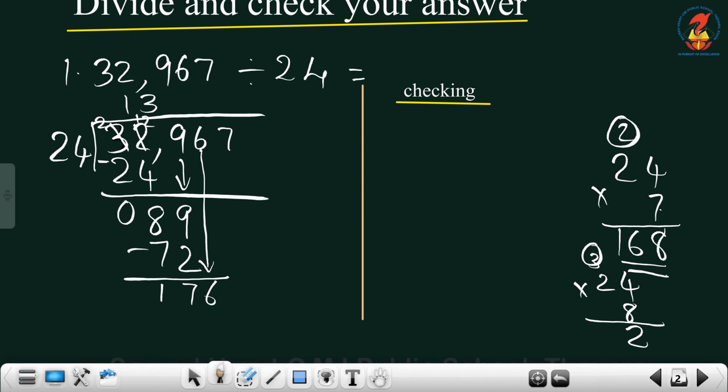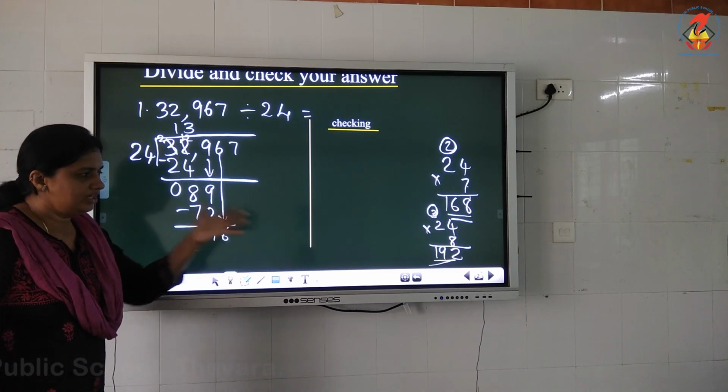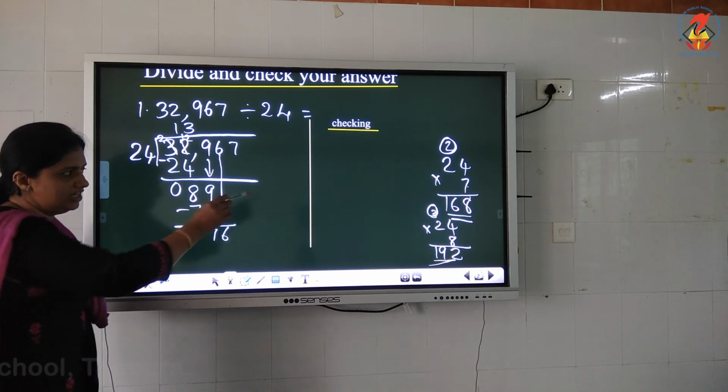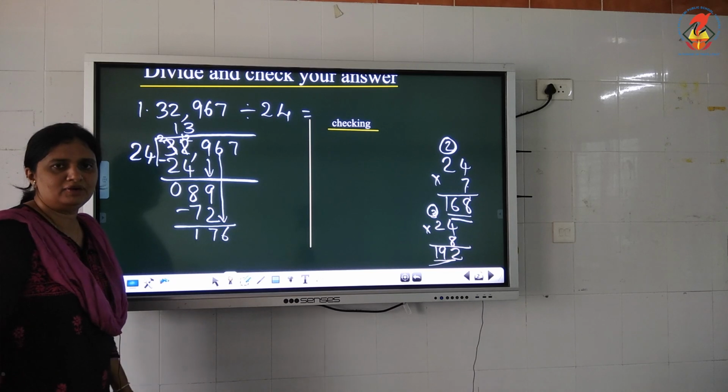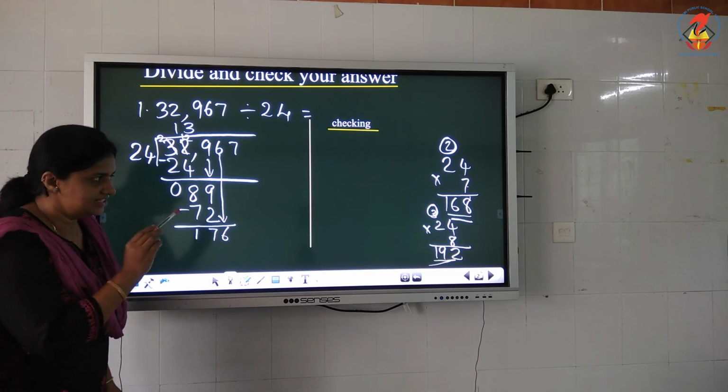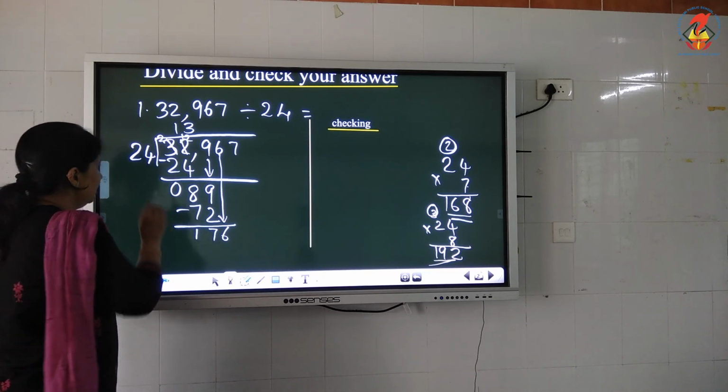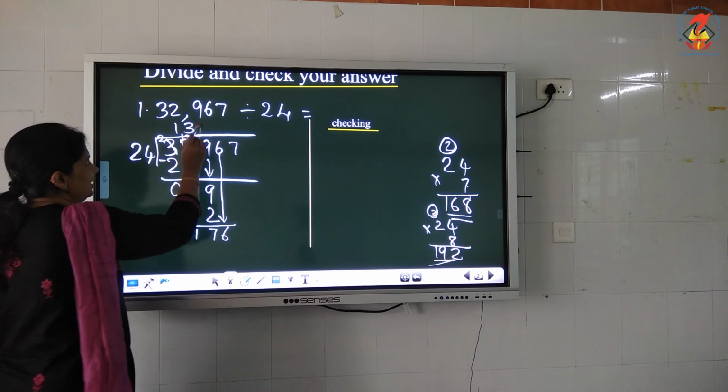Then 8 twos are 16. 16 plus 3 is 19. See, we got two numbers, 168 and 192. Which one is smaller than this number only? 168. So we need to take 24 into 7.